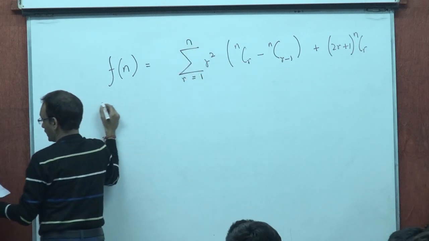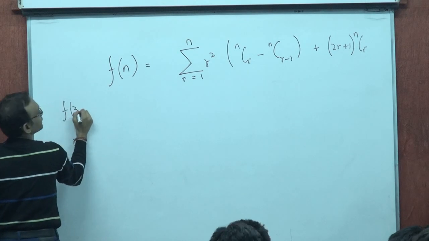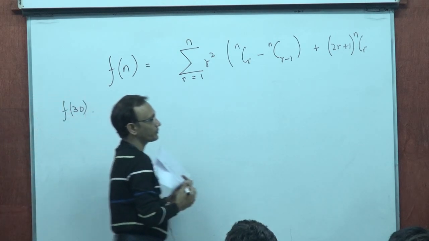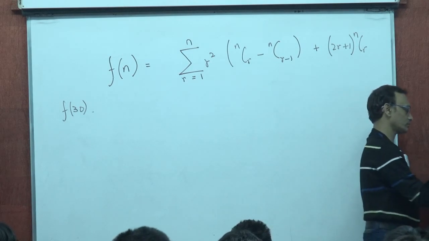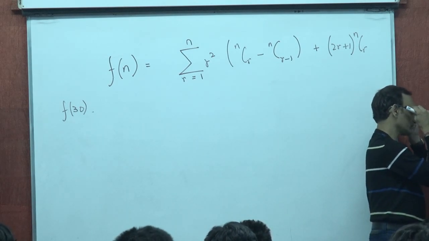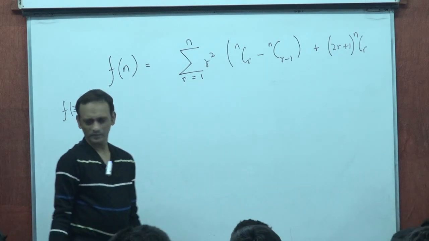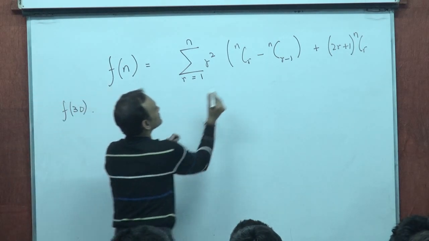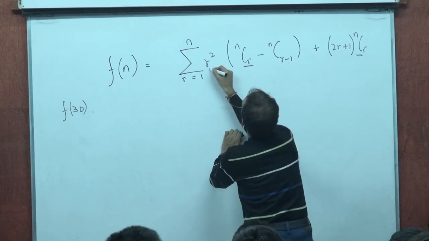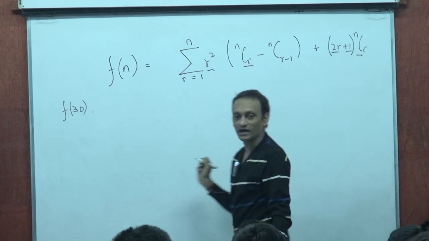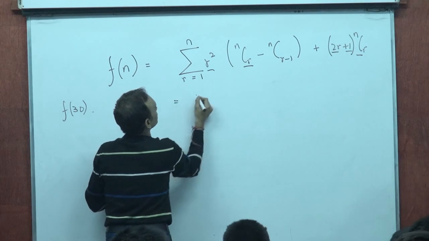Sum runs to n, and we want to be able to find F30. Simple observation: see this nCr with this nCr, r^2 plus 2r plus 1 is (r+1) whole squared, right?